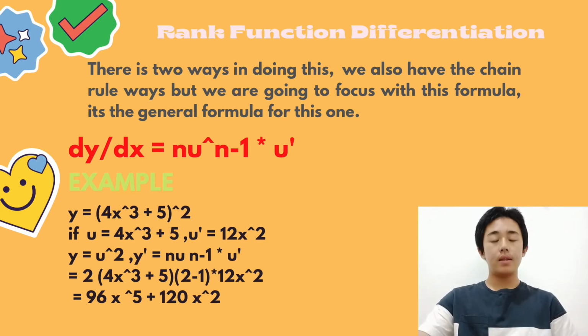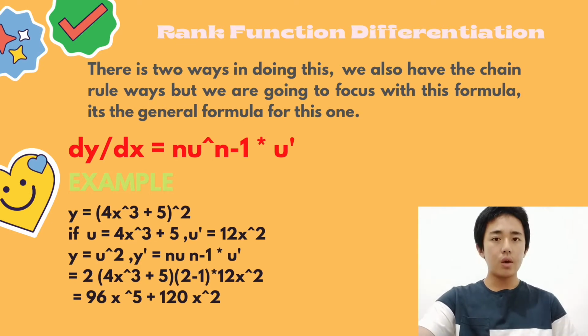We all know that the formula is dy by dx equals n times u to the power n minus 1 times u prime. So the example is y equals (4x cubed plus 5) squared.